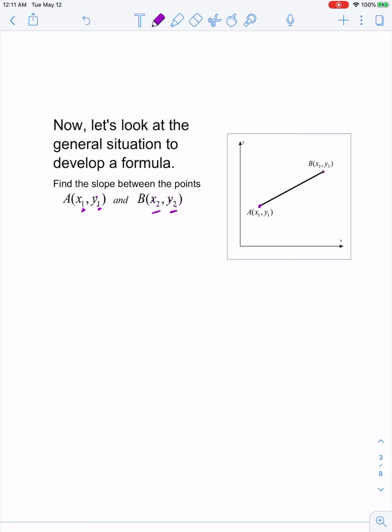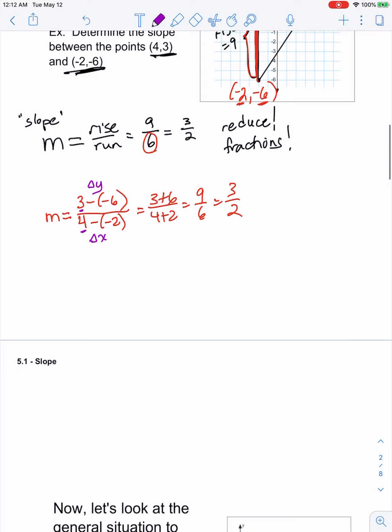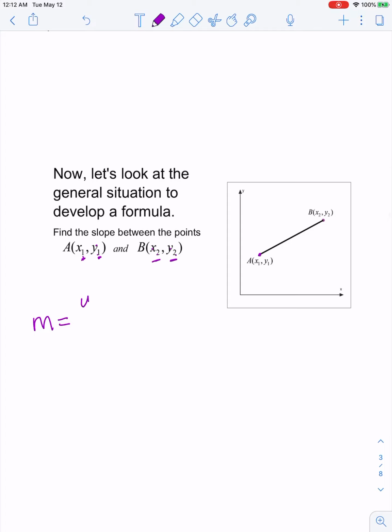So we had to subtract our y values. So the slope is you had to subtract your y values on top. So remember back here, we took the 3 and subtracted the -6. So we subtracted the 2 y values. So I'm going to subtract y2 minus y1. I could subtract y1 minus y2 as well. It really does not matter which.